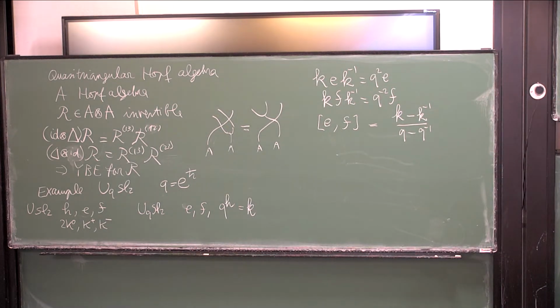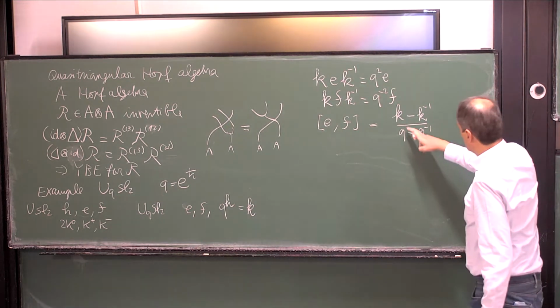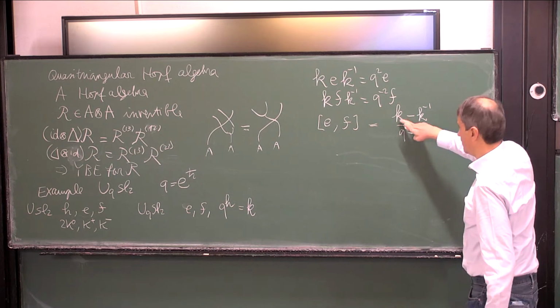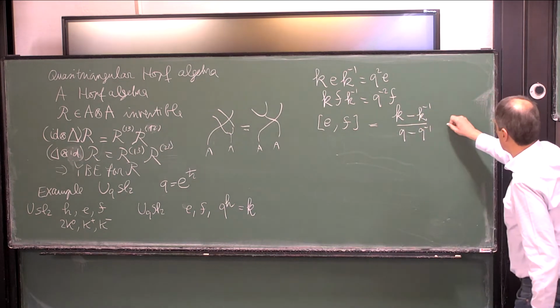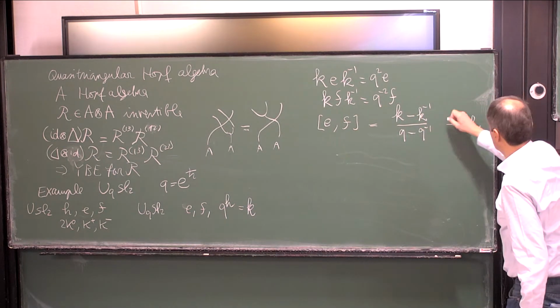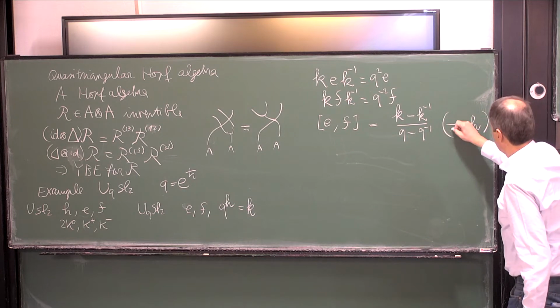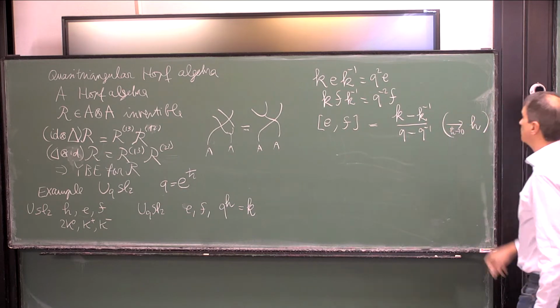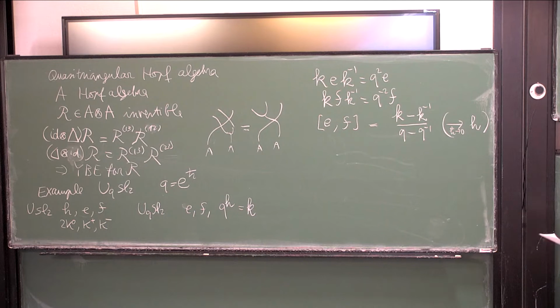So in the limit q goes to 1, or h bar goes to 0, q to the H will converge to H if h bar goes to 0 or q goes to 1.